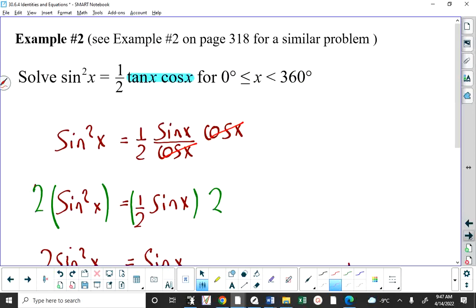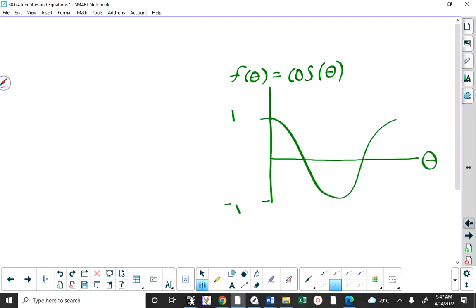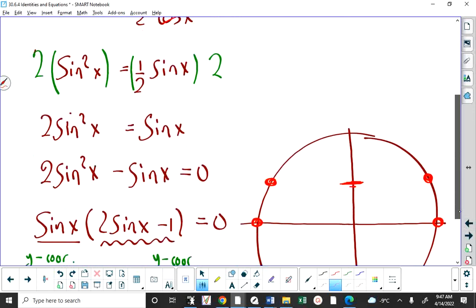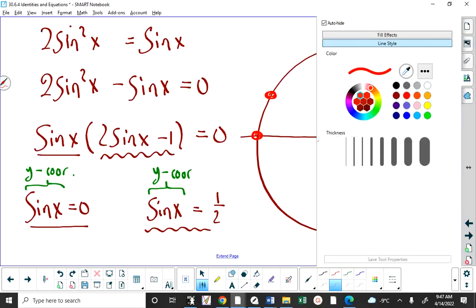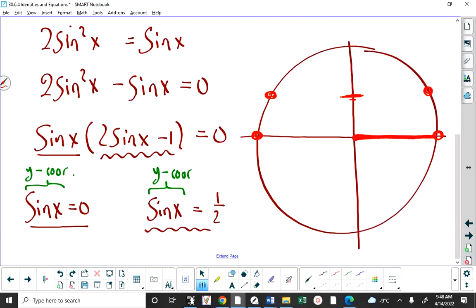I now want to take a look at the domain in this question. The domain was, degrees can be equal to 0 or greater than 0, but it has to be less than 360. So my solutions will be, I guess I can draw in my arms here. That, and that.